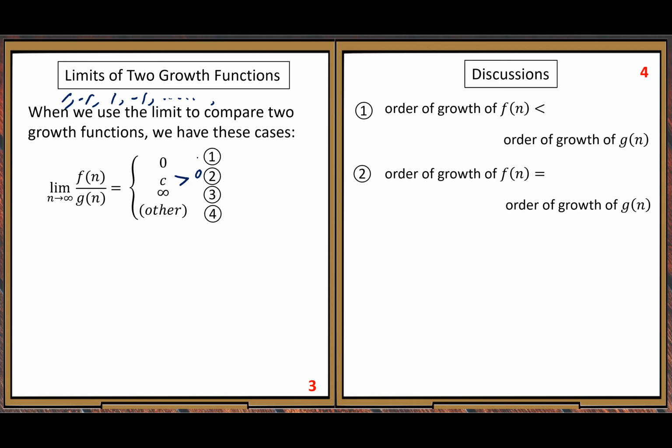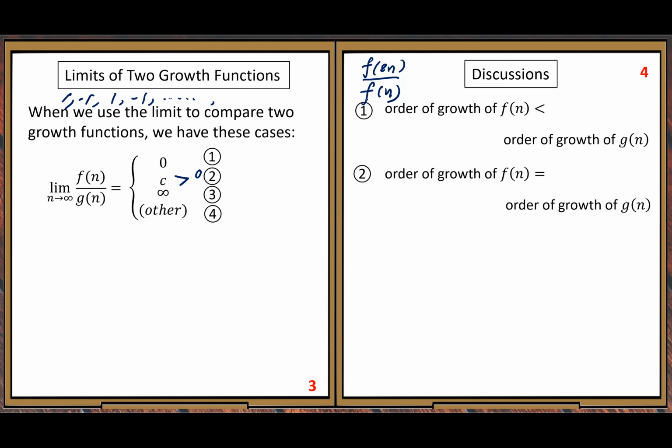You may ask me why. Remember the last time, when we looked at the ratio f of 2n over f of n, the constant cancels out.